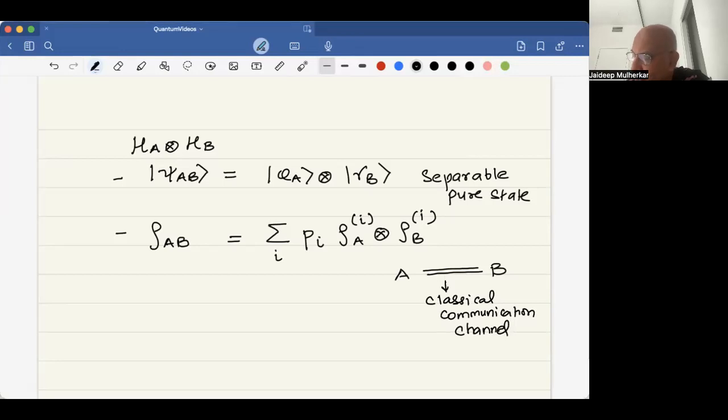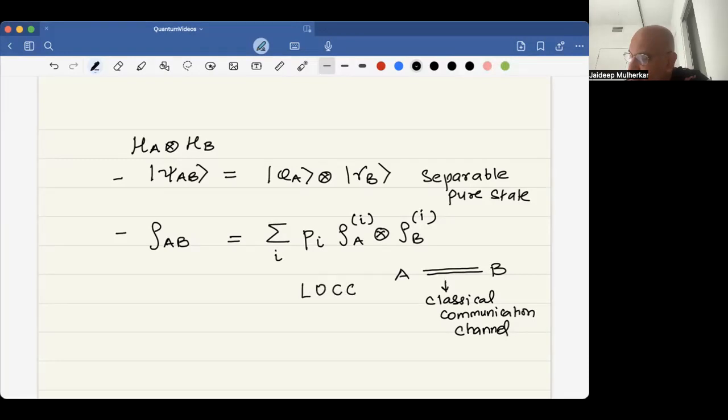If Alice is able to manipulate her state, Bob is able to manipulate his state, and there is also the possibility of classical communication, and they start with an initial separable state, they will end up with a separable state. So the idea is that you cannot generate entanglement with classical communication and local operations. This is LOCC, local operations and classical communication.